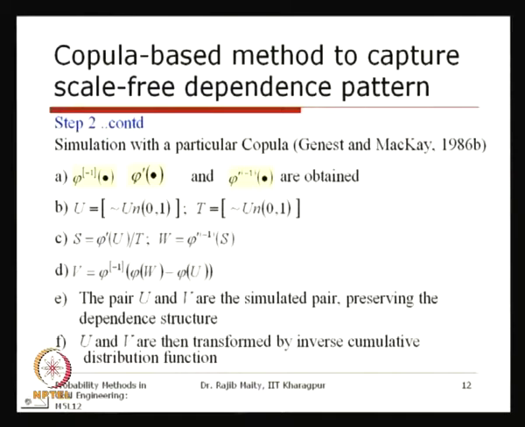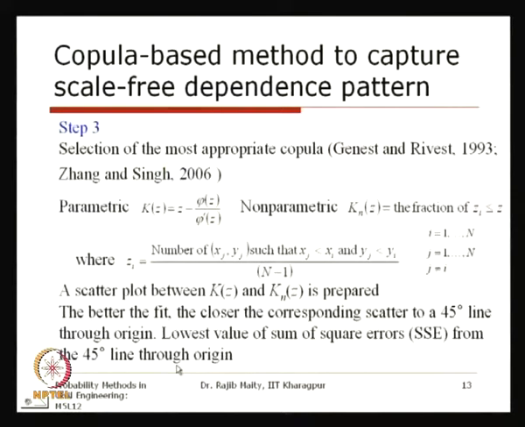From that distribution I can first get their reduced variates, which are u and v. Whatever we have generated here, u and v, these are those reduced variates, but they preserve their dependent structure. Now, u and v can be transformed back through the inverse cumulative distribution function to get the original scale of the random variable.